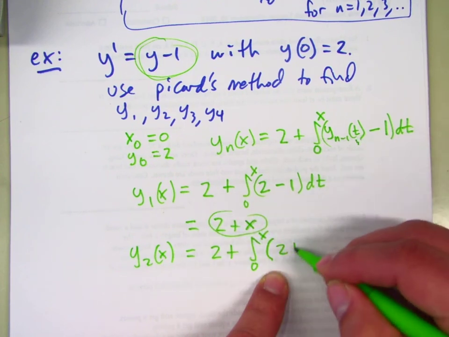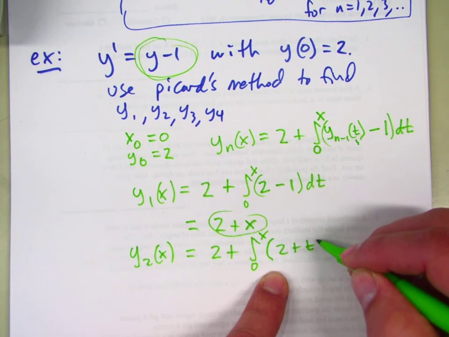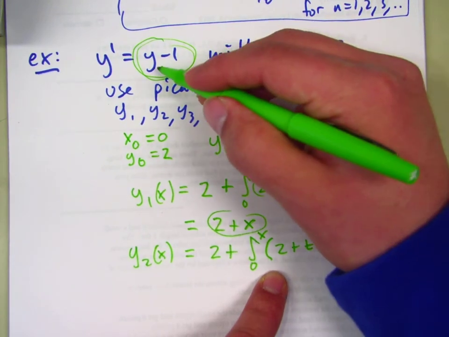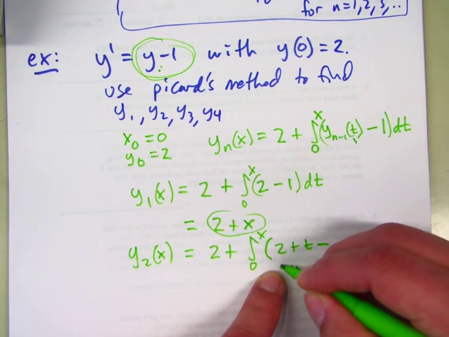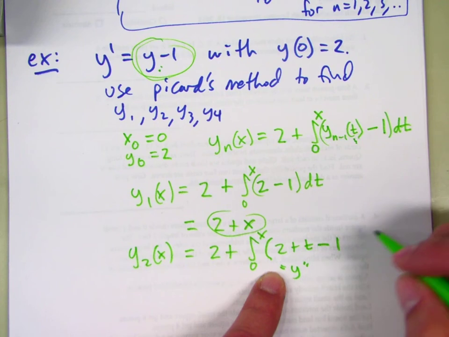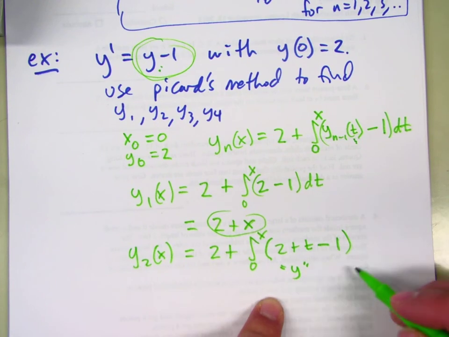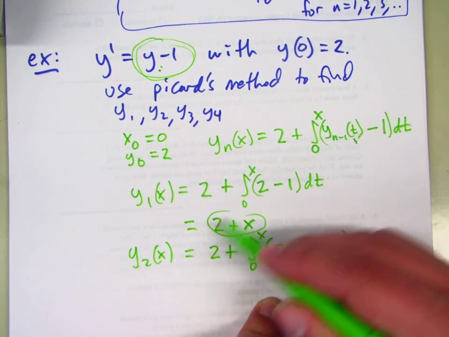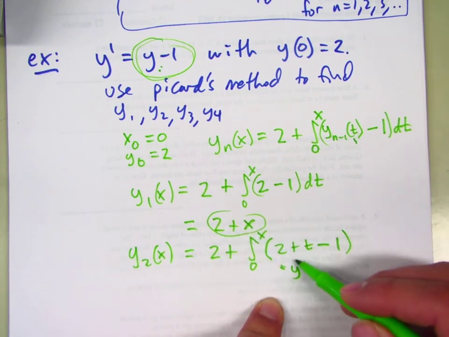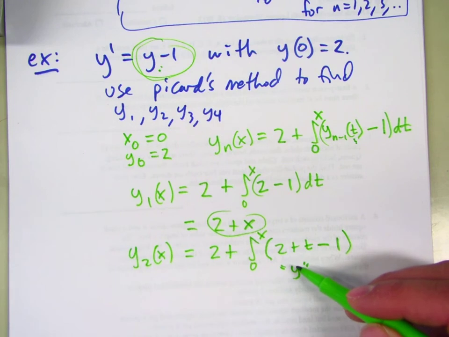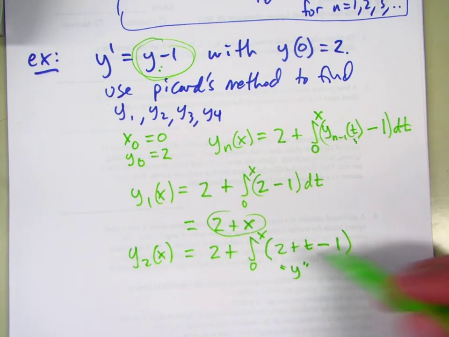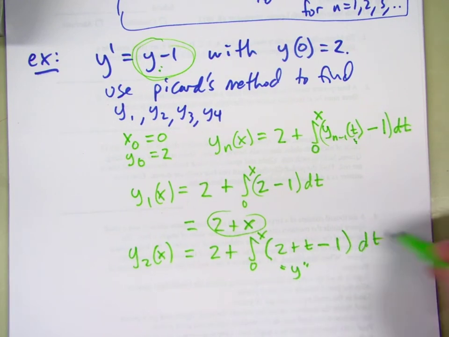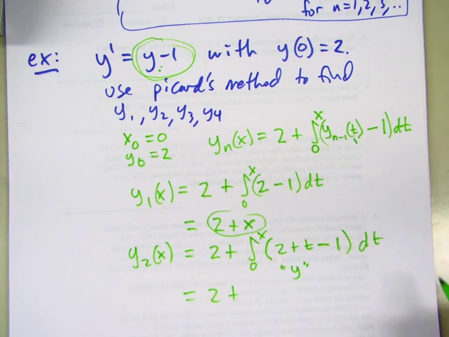So it'll be 2 plus t, that's your y, does that make sense? So here's your y, and then we're subtracting 1. So it's still y minus 1. We're just using the previous y value in its place, and we're using t so that this definite integral makes sense. Okay, and so now we continue.